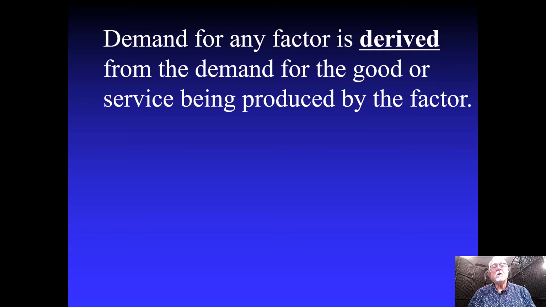And so the demand for the product that they turn around and then try to sell will drive the demand for the workers that they want to hire. So we say that the demand for a factor is always derived from the good or service that the firm is producing and selling. Factor demand is a derived demand.